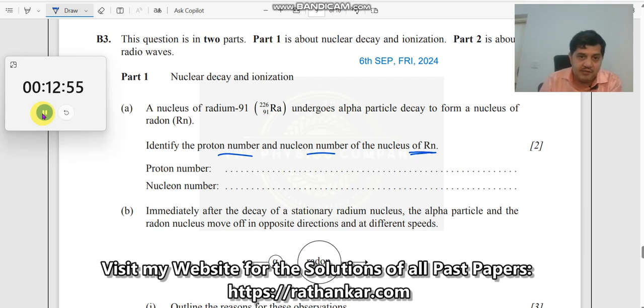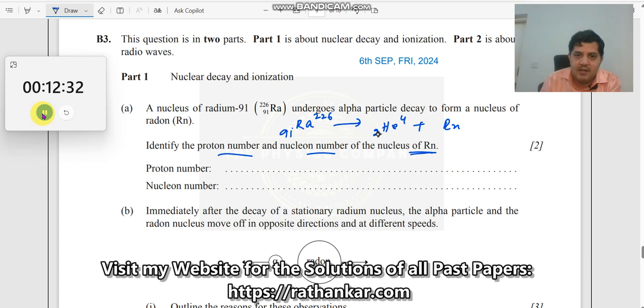Okay, many people make a mistake. They just look at this one here and get the answer, which is wrong. So now what we do is, let us write down. See, radon value is not given here, right? So what I will do is I'll write 91 radium 226 will give rise to an alpha particle. Alpha particle is what? 2He4 plus you get a radon here. Now radon, what will be the value of Z and A here?